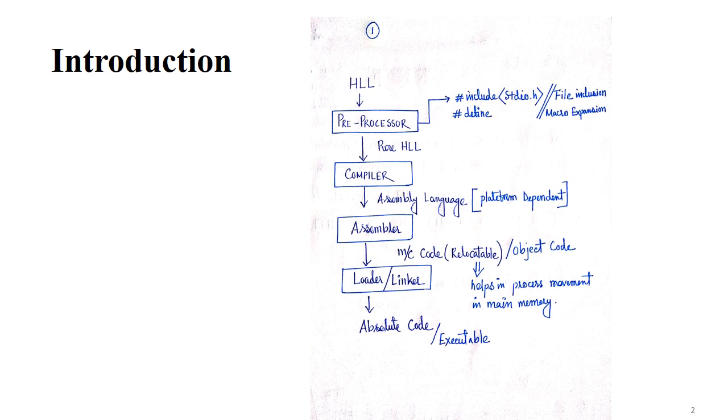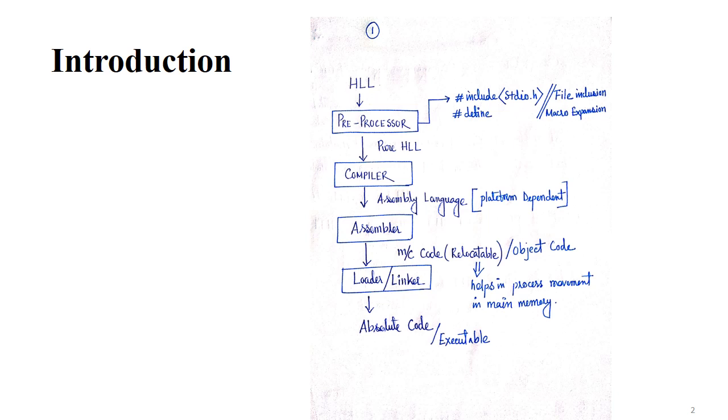Actually this object code or relocatable machine code is stored on the hard drive. Please remember that object code or machine code which is relocatable cannot be loaded into the main memory without the linking and loading process.